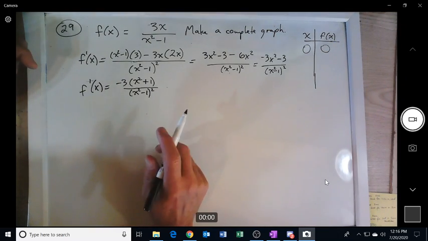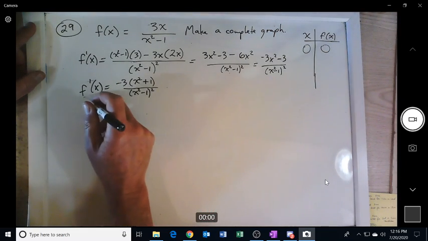Okay, so then we set f prime equal to 0.